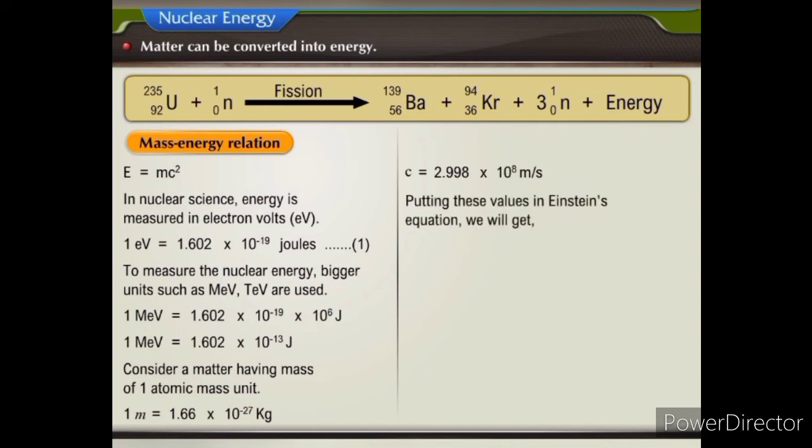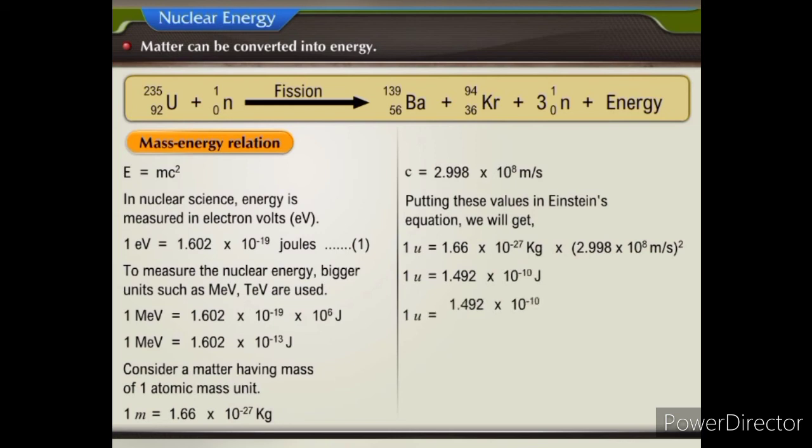Putting these values in Einstein's equation, we get 1 atomic mass unit is equal to 1.492 × 10^-10 joules.